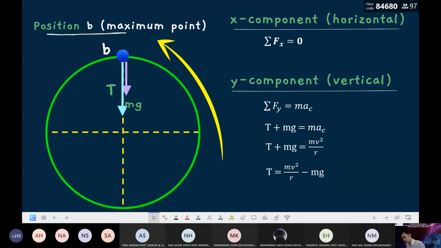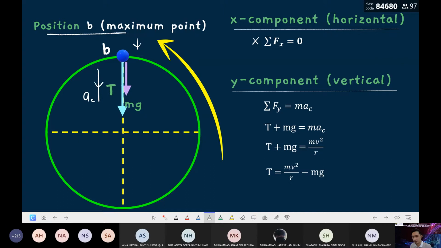Tapi untuk dekat B, there is no X component pun. Dia memang pada Y component yang tunjuk ke bawah. That's why I put X component, there is no acceleration. But untuk Y component, dia ada acceleration ke bawah. We call it the centripetal acceleration that point to the center. So our centripetal acceleration is here, right? Dia ke bawah like that.